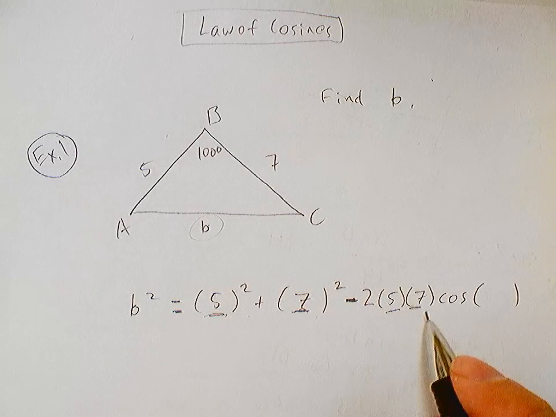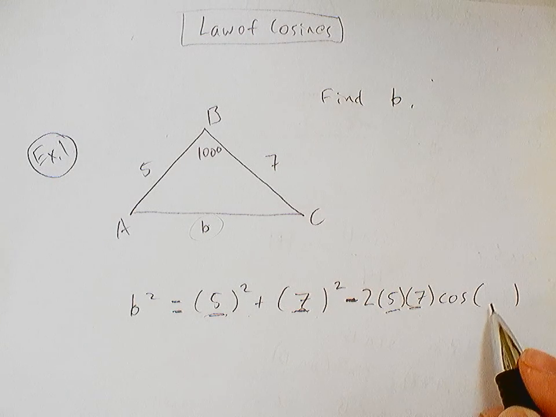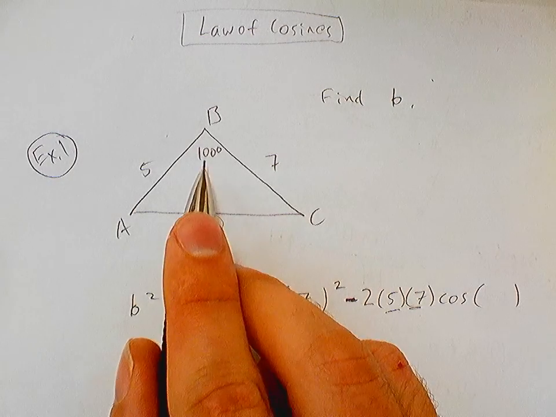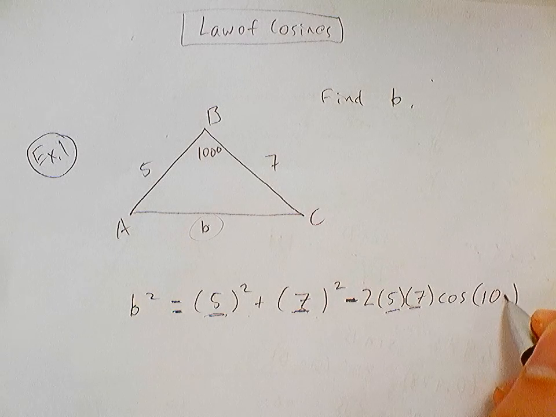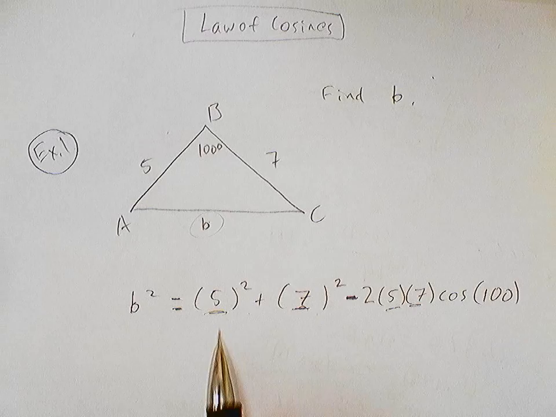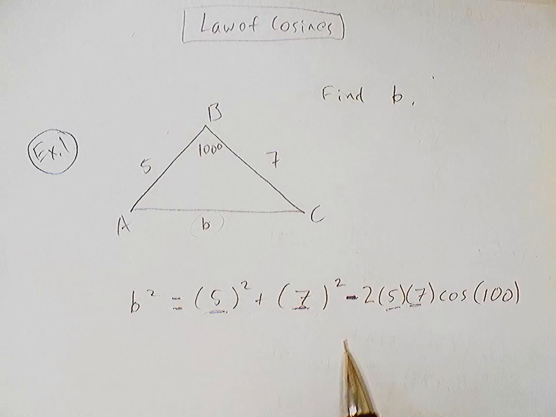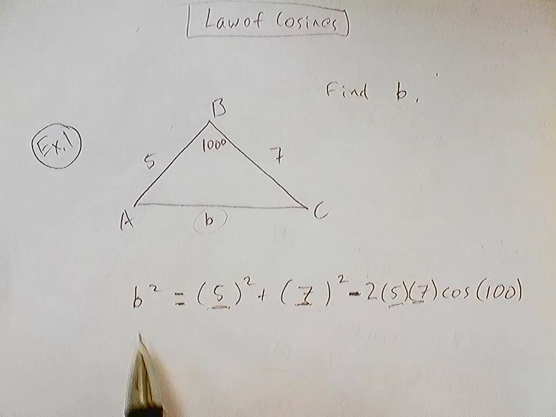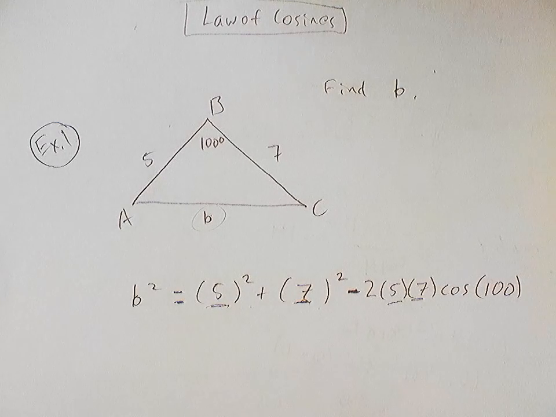So minus 2 times 5 times 7 times the cosine of angle B. So we actually know what angle B is. It's 100, so we're going to put 100 degrees here. So b squared equals 5 squared plus 7 squared minus 2 times 5 times 7 times cosine of 100. So that's what b squared is.